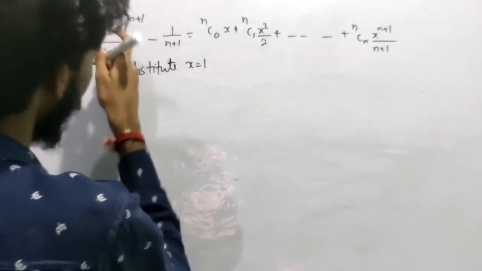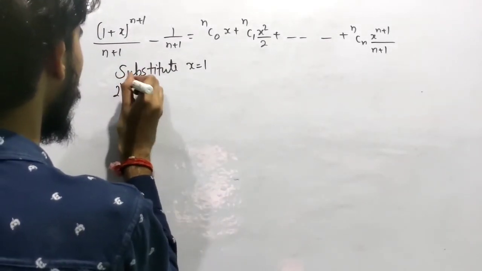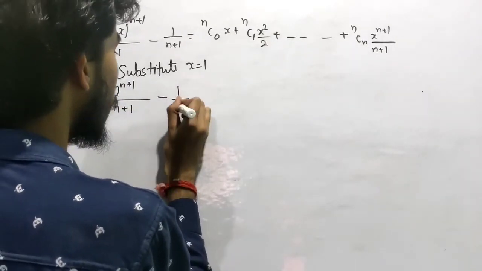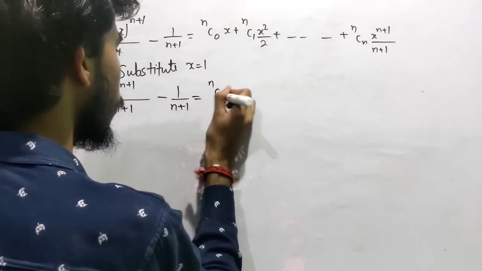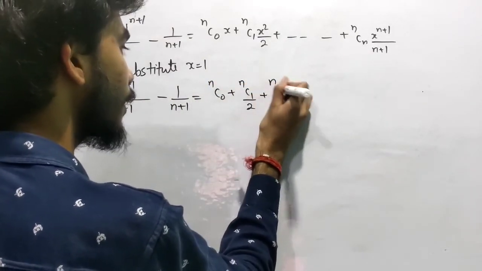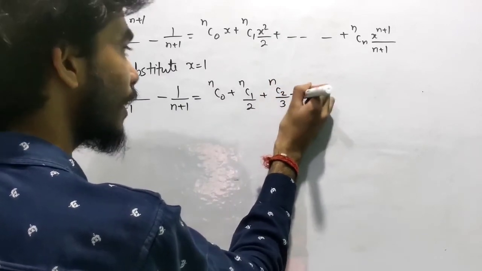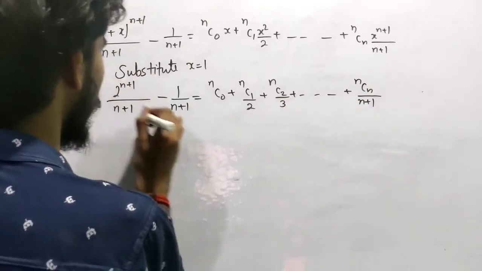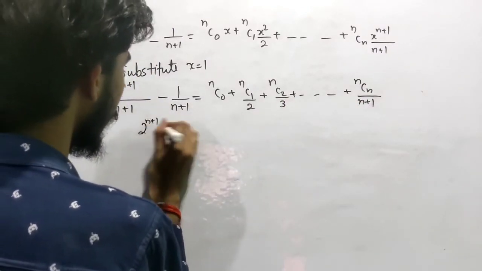So after substituting x equals 1, here you will get 2 to the power n plus 1 upon n plus 1 minus 1 upon n plus 1 equals nC0 plus nC1 by 2 plus nC2 by 3 plus up to nCn by n plus 1. So you can also write it like this.